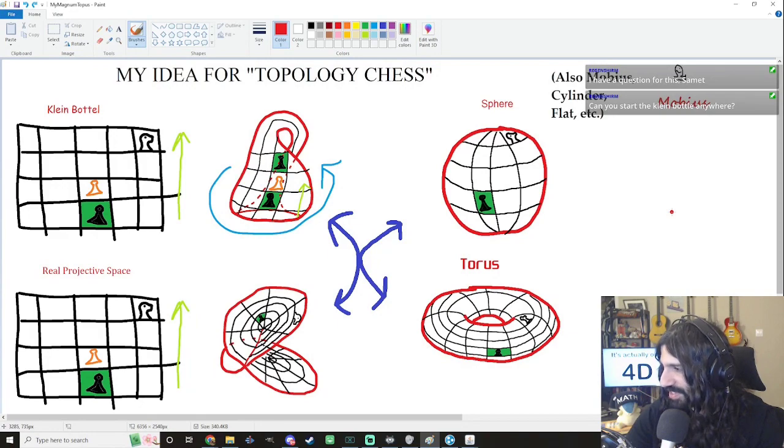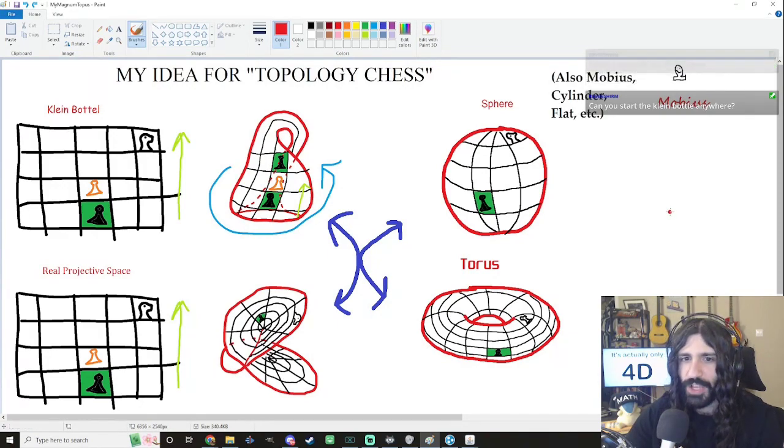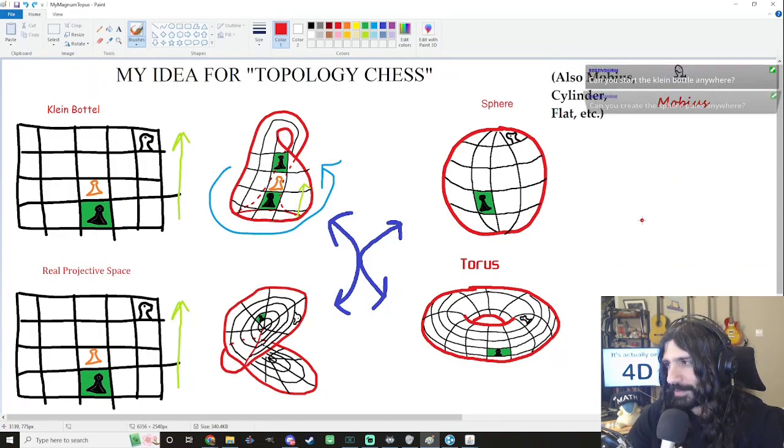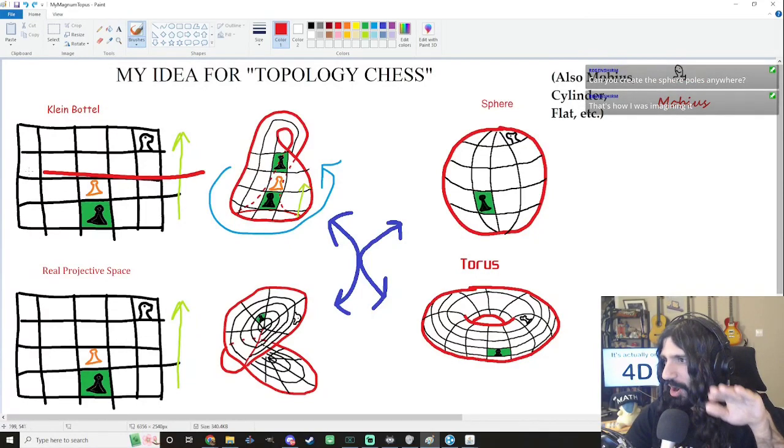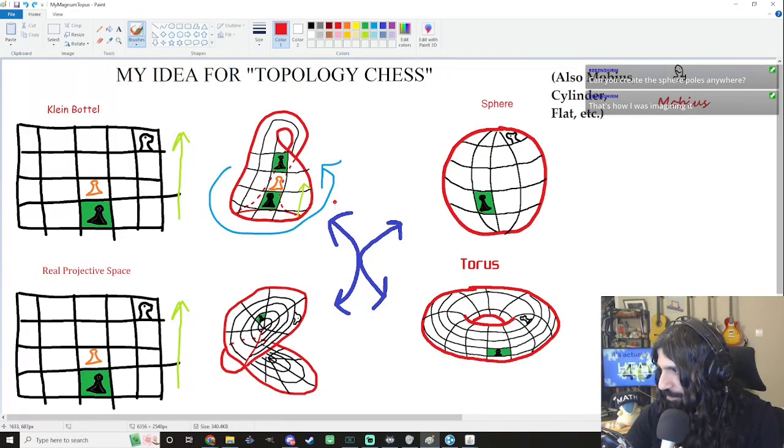I have a question for this. Summit, can you start the Klein bottle anywhere? You have to decide where to start the Klein bottle. You have to basically pick a line on the 2x2 representation of the board to choose where to start the Klein bottle. You know what I mean? Can you create the sphere poles anywhere? Same thing.